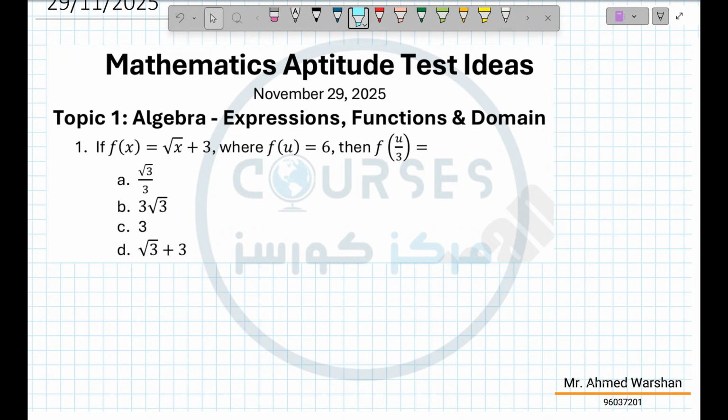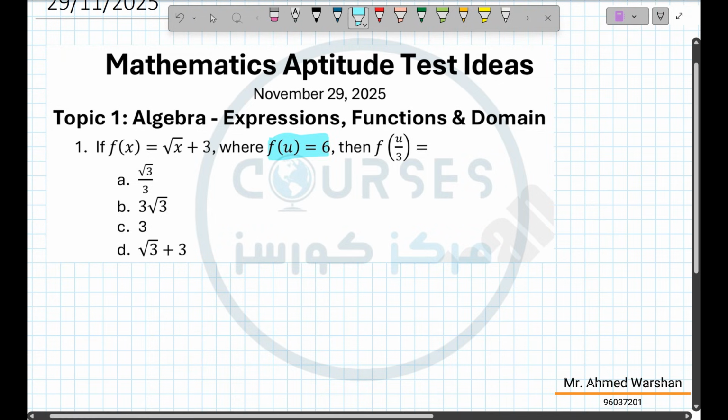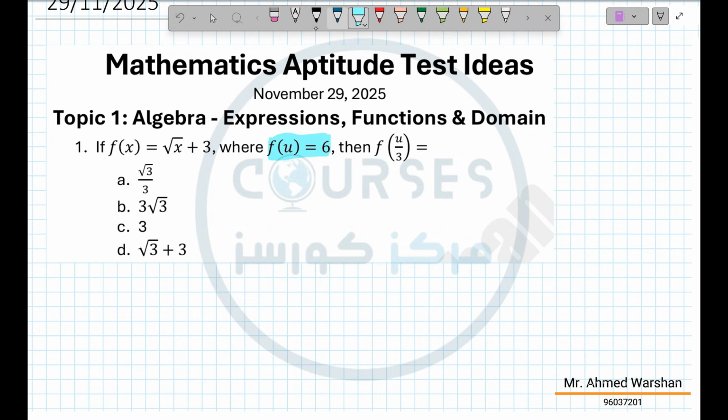Okay, in the first, he gave me f of u equals 6. Let's bring f of u. F of u means to substitute x for u.